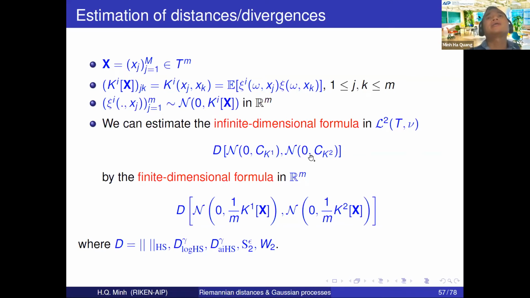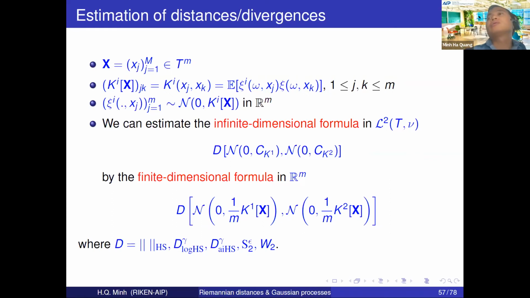It turns out that we can estimate them consistently by the distance or divergence between the Gaussian measures with zero mean and covariance (1/m) K[x], for all of the distances and divergences we have talked about.